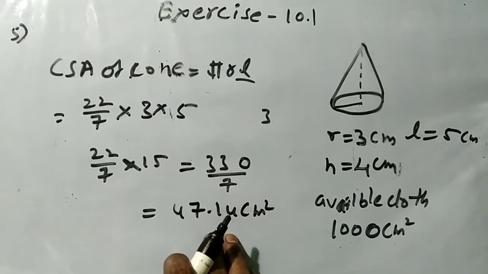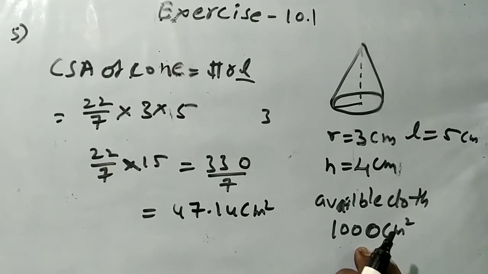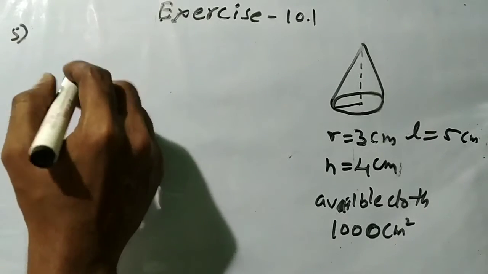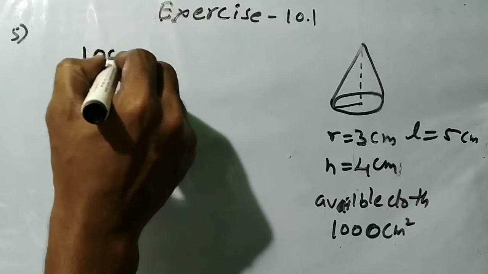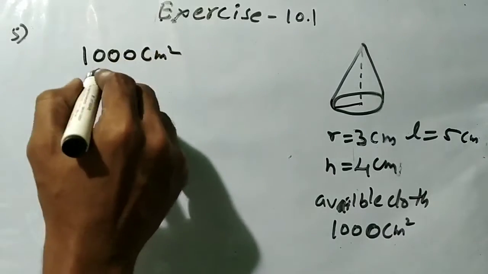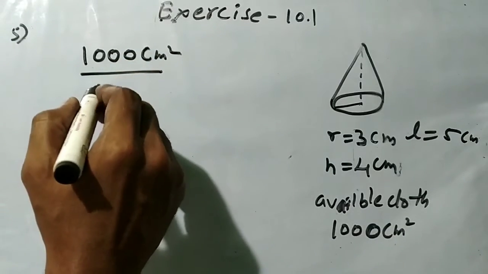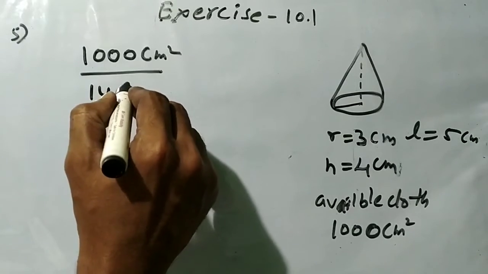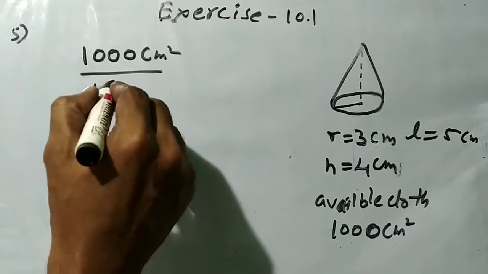So how many cones can we make in the 1000 centimeter square cloth? We have to divide the available cloth, 1000 centimeter square, by the cloth for 1 cap, that is the curved surface area 47.14.